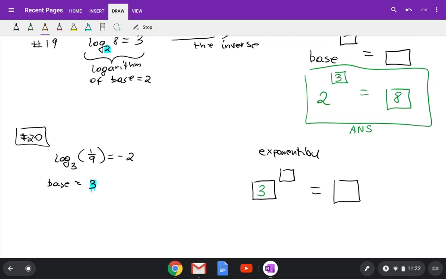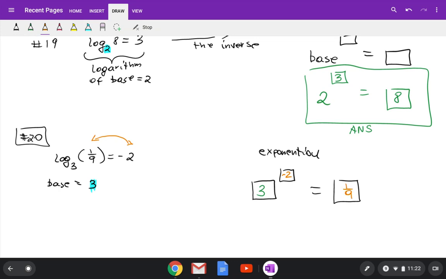When you figure out what the base is, the rest should become quick since they are inverses: 1 over 9 and -2 switch positions. So right now, in the exponential function next to the base, it's going to be -2, and outside you're going to have 1 over 9.